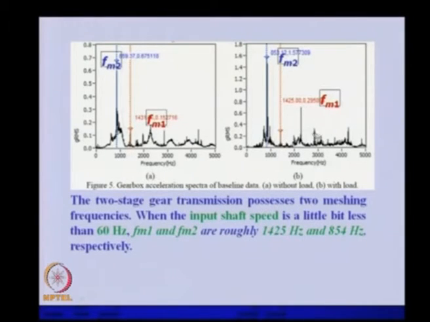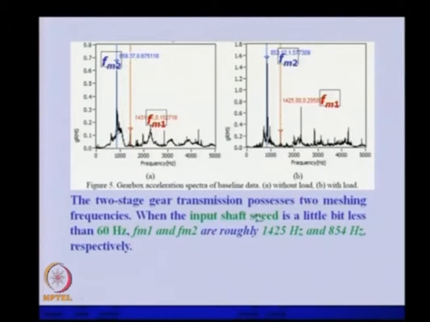Apart from that, there will be some other peaks corresponding to the structure of the gearbox and other things, but we try to see the peaks. Basically, this is a cursor which is showing the red line, but this peak is small. You can see the peaks are small, but the red dots are the cursor. In this two-stage gear transmission, two meshing frequencies are there, two stages are there.